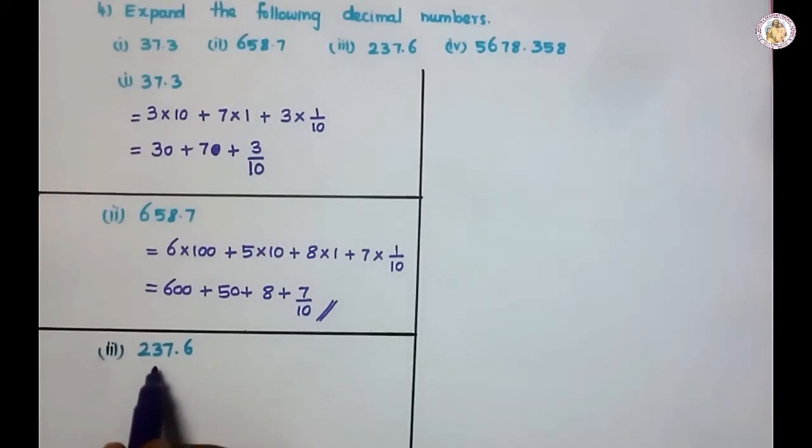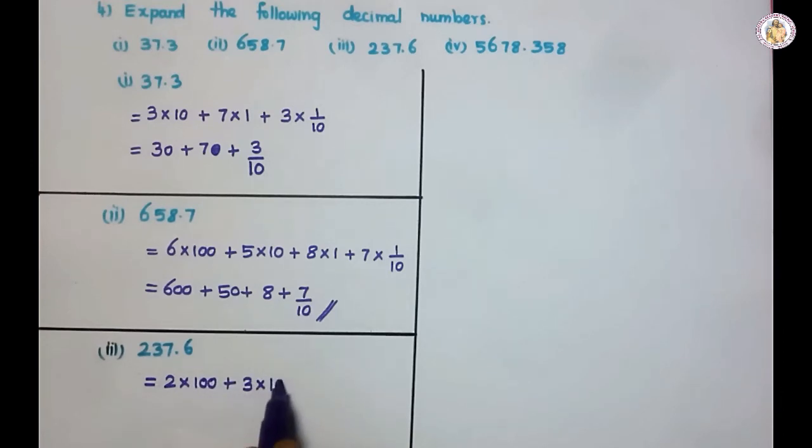Next sum, 237.6. Ones, tens, hundreds. So 2 is in the hundreds place. 2 into 100 plus 3 in the tens place. So 10 plus 7 into 1 plus 6 is in the tenth place.